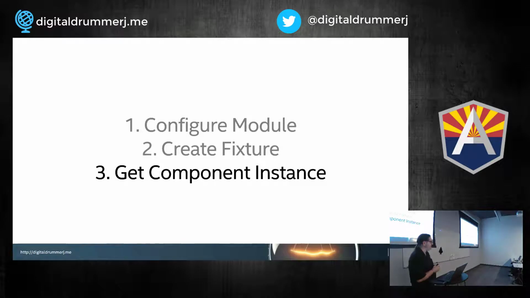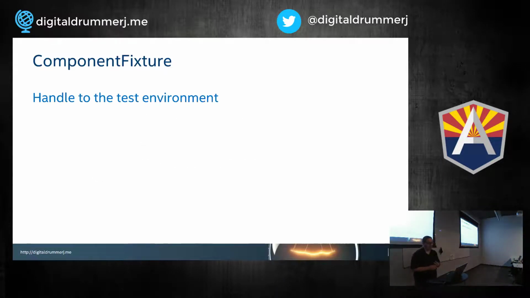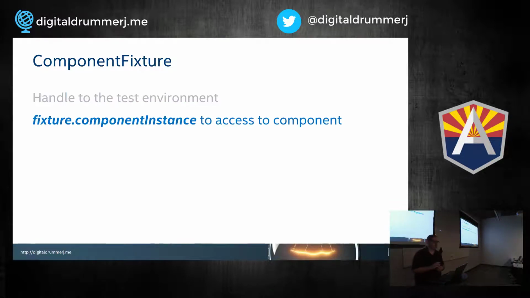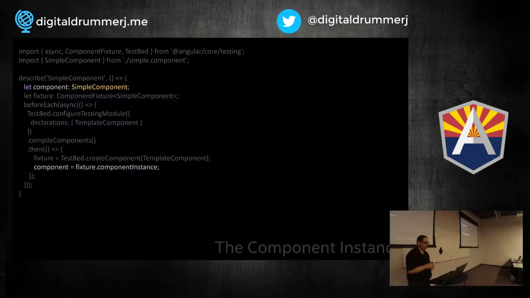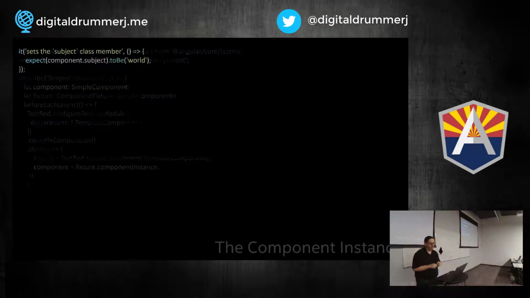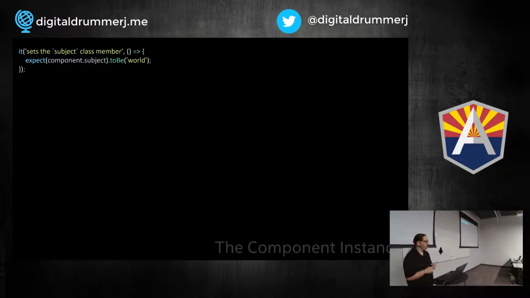Then the last piece is actually getting a reference to the component instance. Our component fixture will give us the handle to our test environment. Then we say fixture.componentInstance to access the actual component, which is just like it sounds. Component equals fixture.componentInstance. And then we start doing tests here.